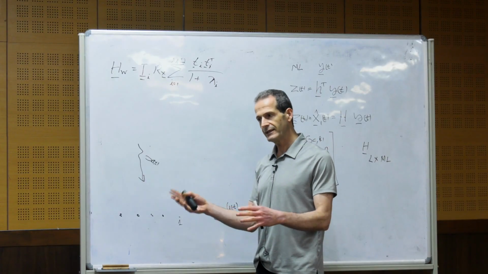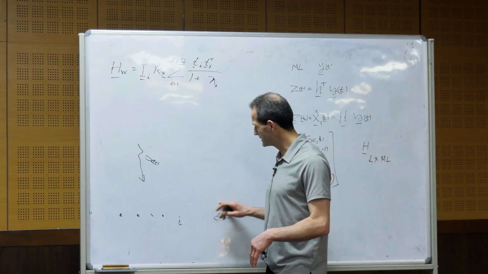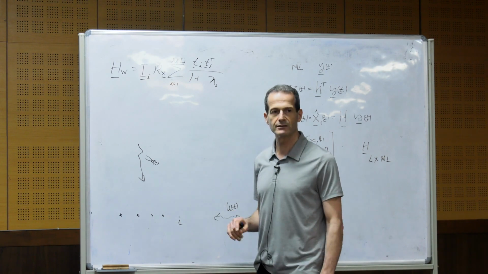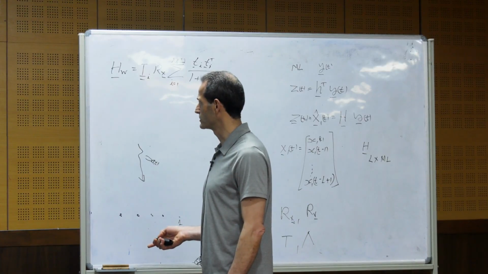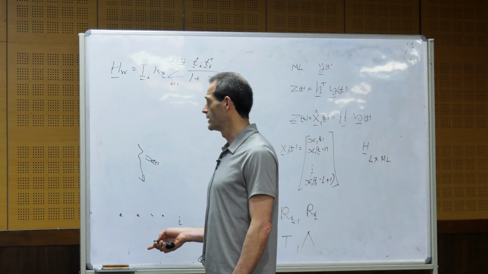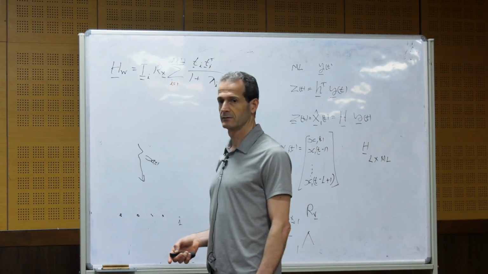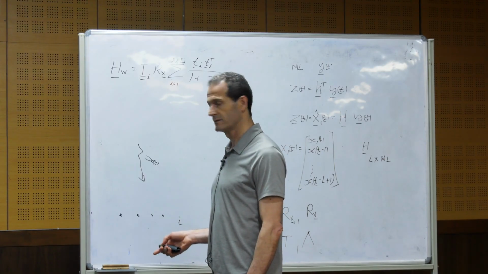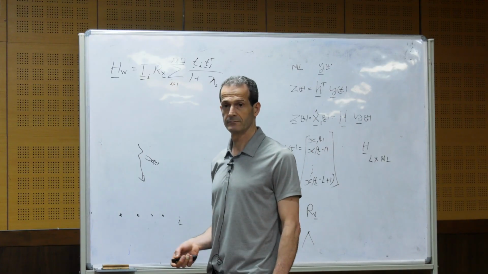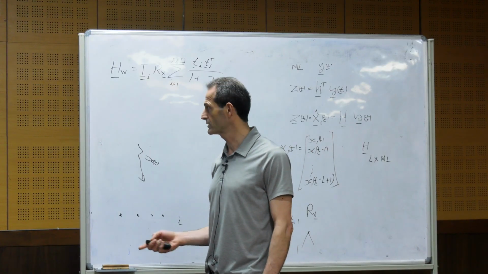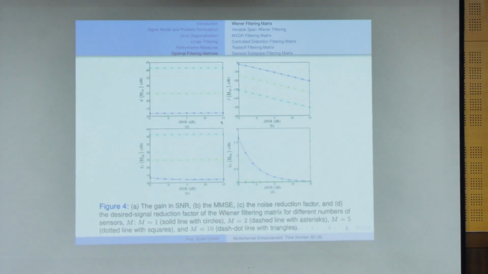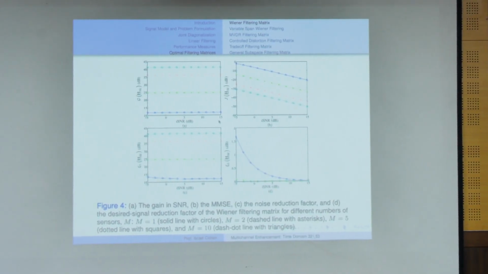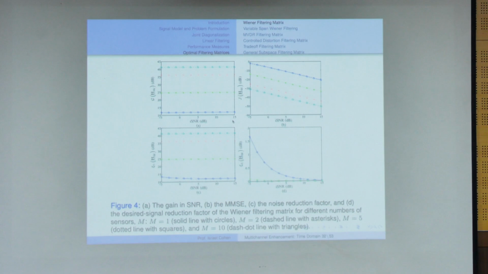What we get is some sort of a null in that direction. We can suppress much of the interference even with two sensors. And of course, the more sensors that we use, we can suppress even more noise, but the distortion will be small. So we don't sacrifice much distortion for the noise reduction. Here it will be smaller because we use spatial information, and the interference, noise, and desired signal are in different directions.